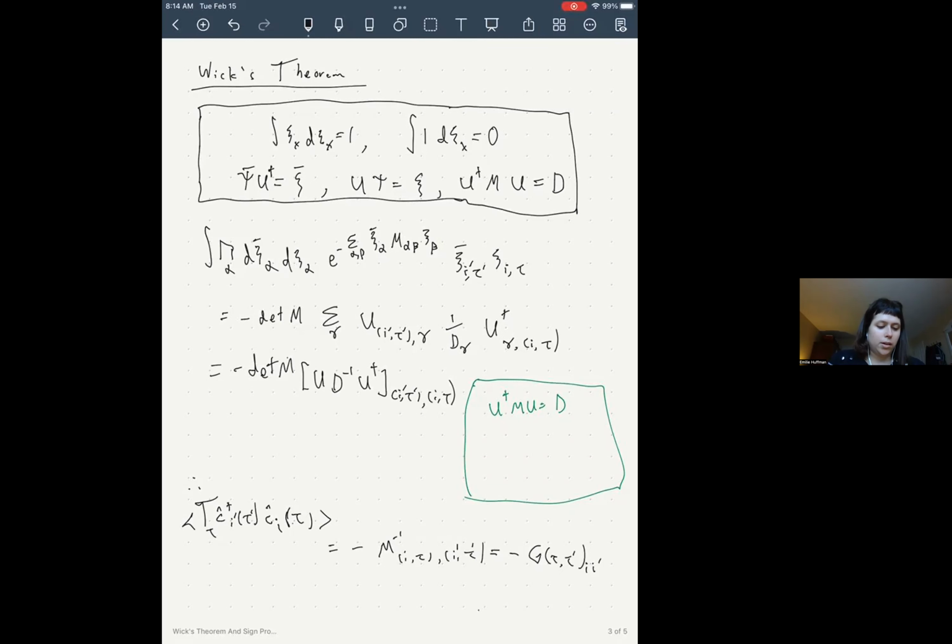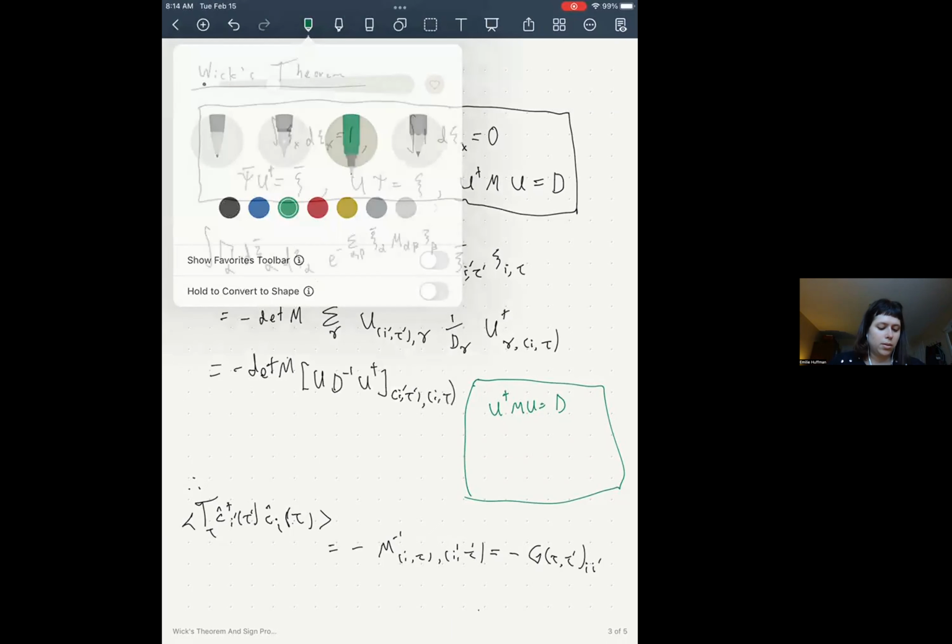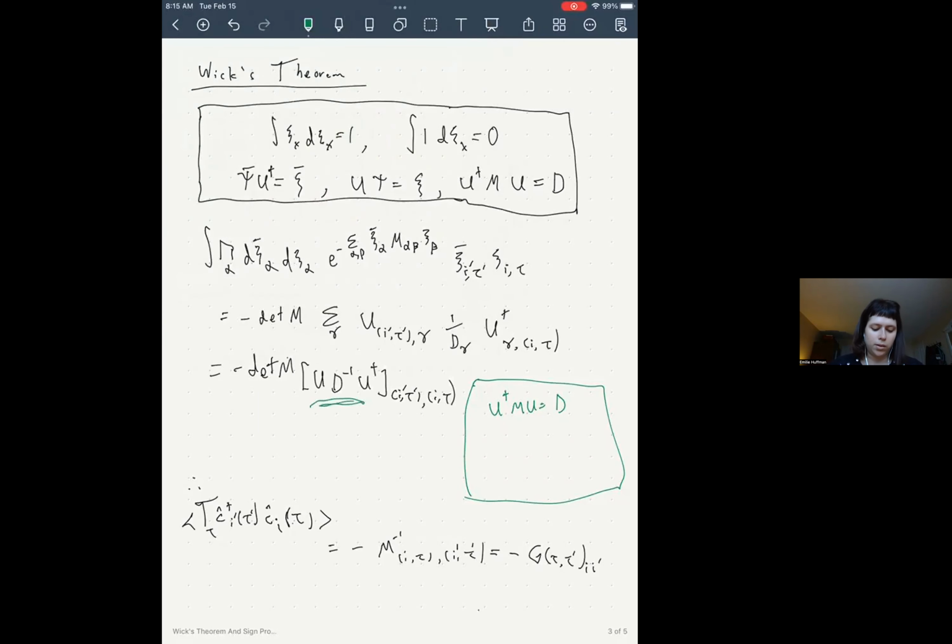And then let's think about basically what this piece is. So we originally said that u dagger M u is equal to D. If I take the inverse of both sides, I get U dagger M inverse U is equal to D inverse. And then I could multiply both sides by the U's.